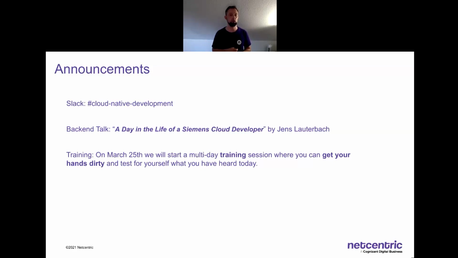The plan is to start with a multi-day training session on the 25th of March, where you can really get your hands dirty across several sessions to get your own cloud environment up and running.